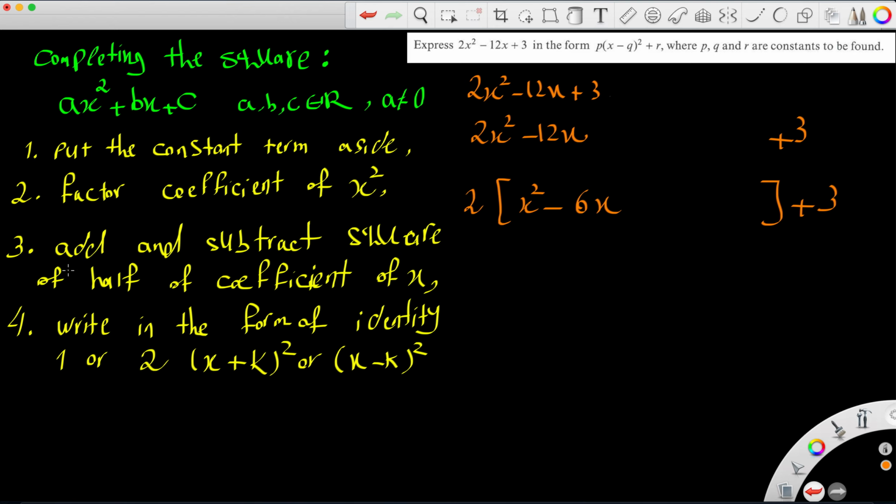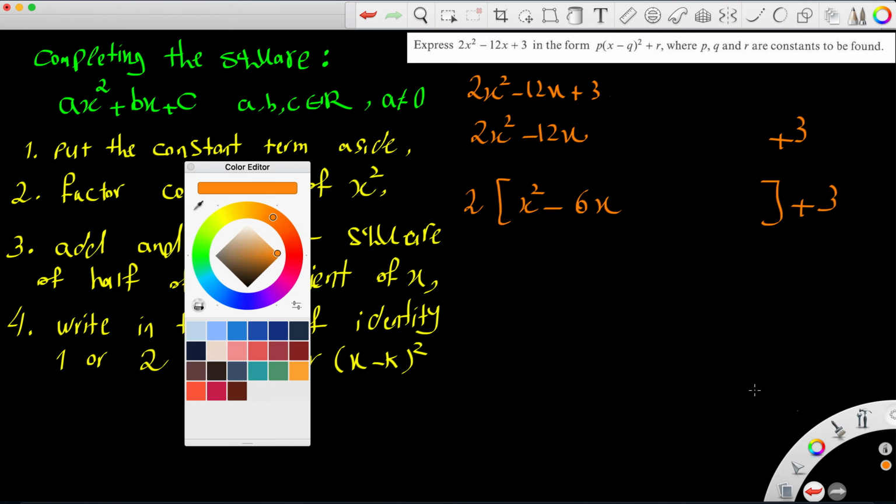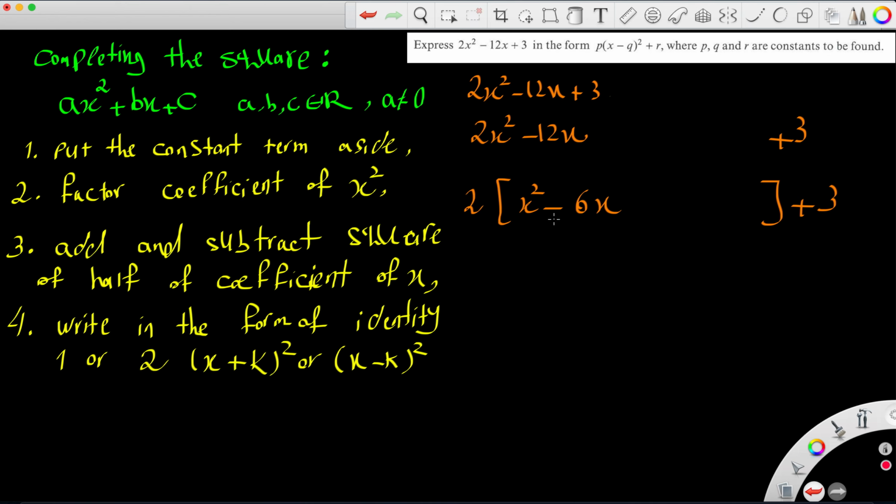Third step says add and subtract the square of half of the coefficient of x. Now, let me change the color here. Coefficient of x here is -6. So half is multiplied by 1 over 2, or we can say divided by 2. So the square of half of it is added and subtracted.